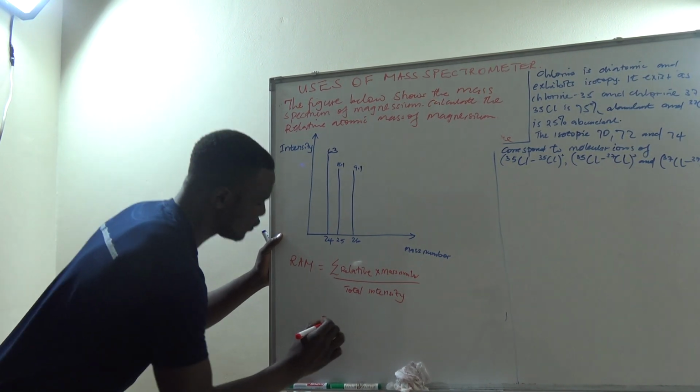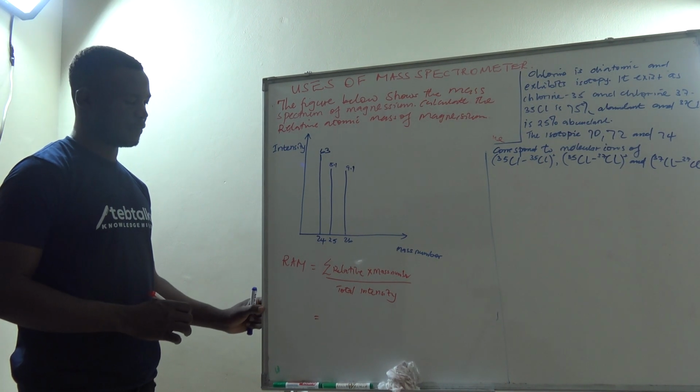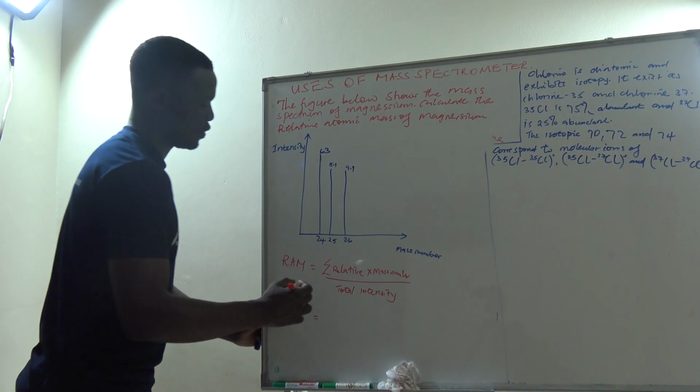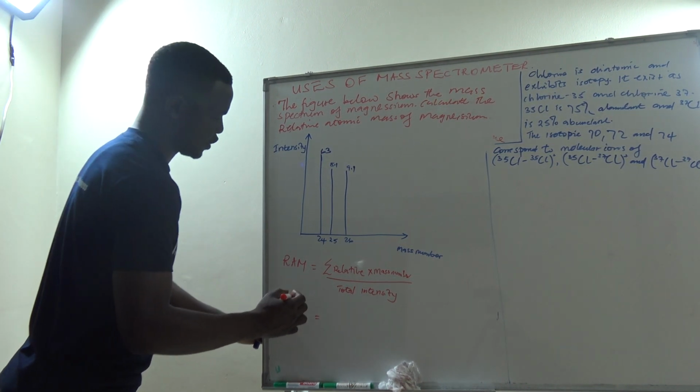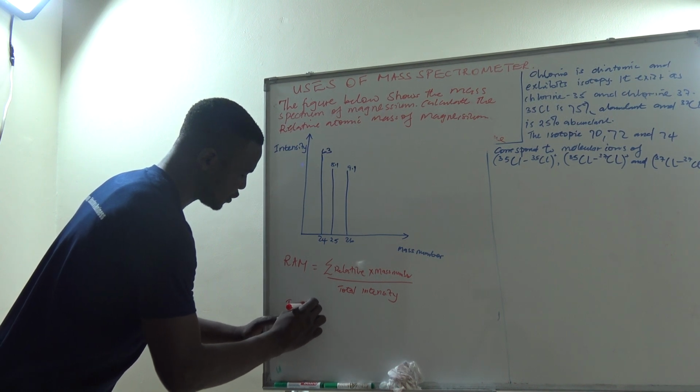So this formula is different from the previous formulas that we have been looking at. So here we are going to say, what is the total intensity? Let's first get the total intensity here.